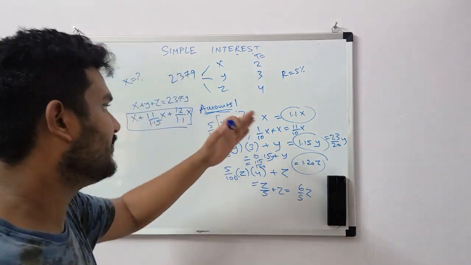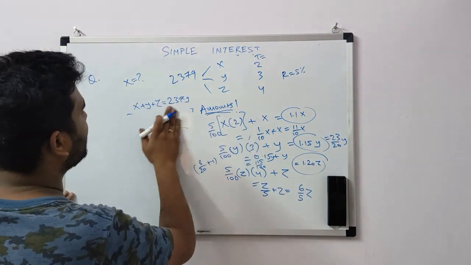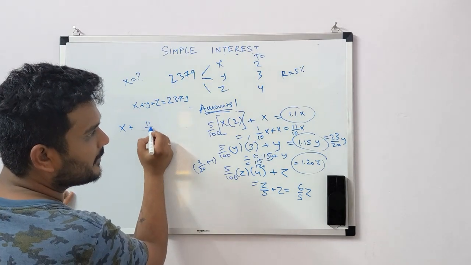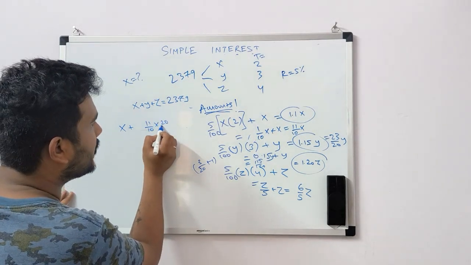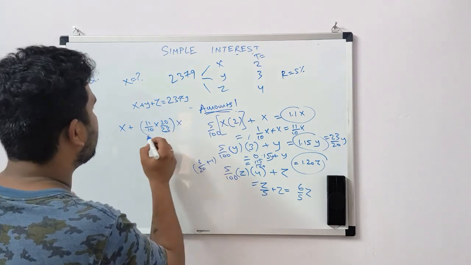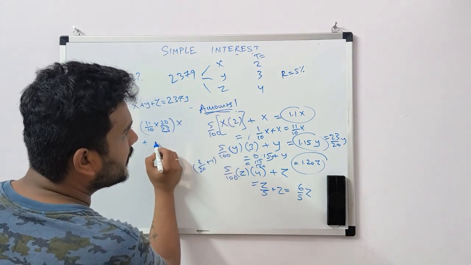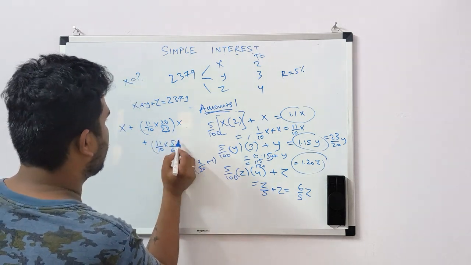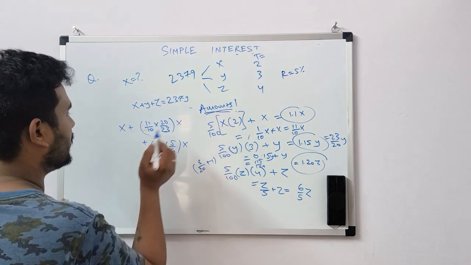So you can have some fractions here, and let's put them here. So x will be x, y will be 11 upon 10 into 20 upon 23 x, and z will be 11 upon 10 into 5 by 6 x. Okay, and this is your 2379.